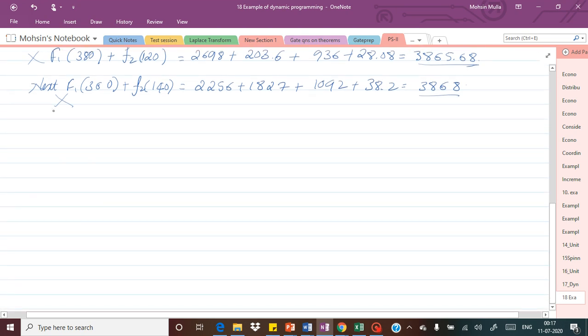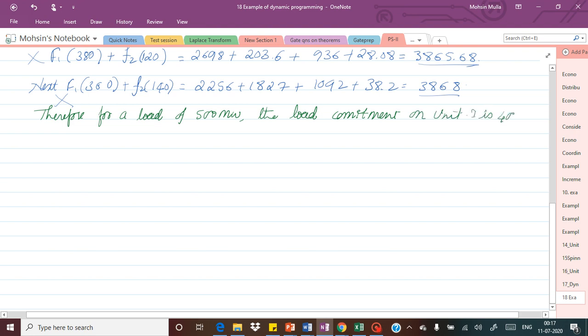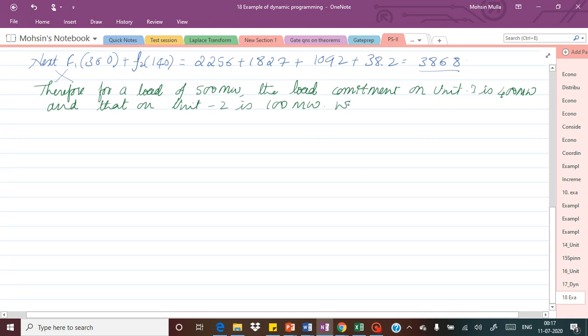For a load of 500 megawatt, the load commitment on unit 1 is 400 megawatt and that on unit 2 is 100 megawatt, which gives minimum cost.